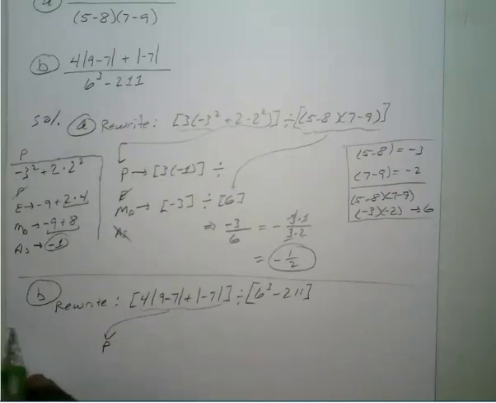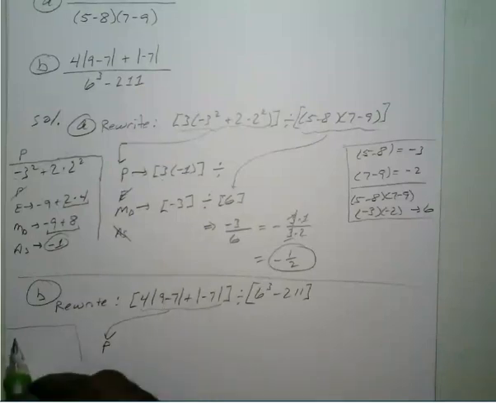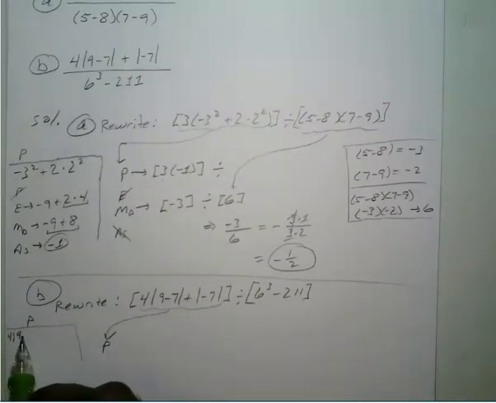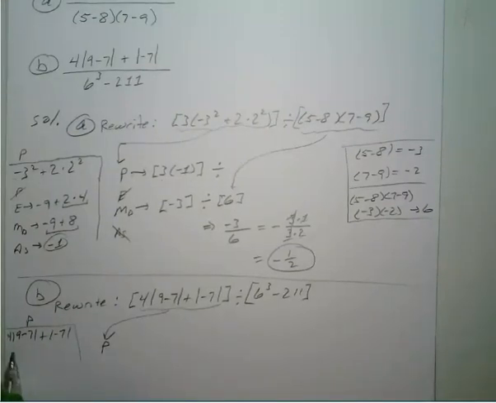Okay, so to solve what's inside of here, we'll put the 4 right there. The absolute value of 9 minus 7 plus the absolute value of negative 7, where we're going to solve whatever's in the grouping symbols first.